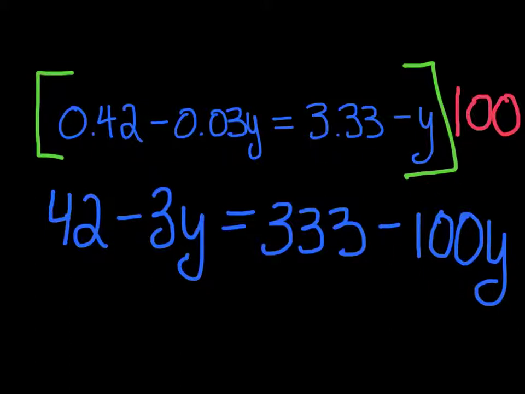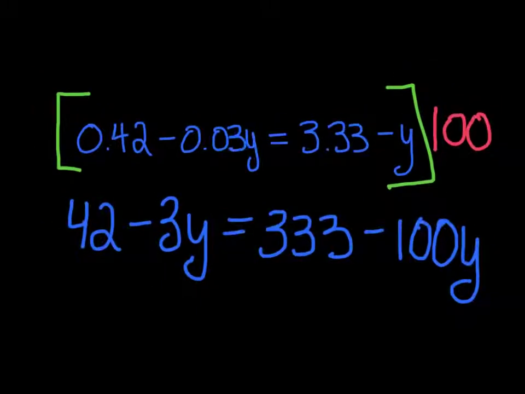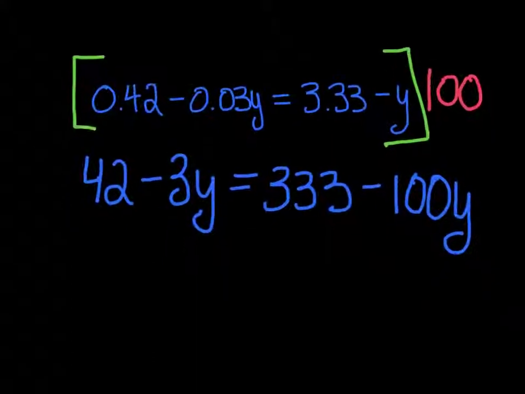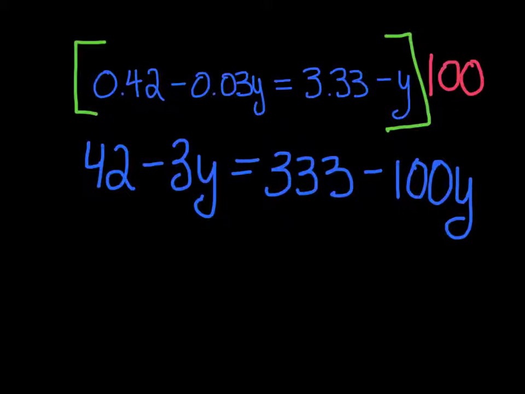At this point, I know that I need to collect my variable factors on one side of the equation. Now, this is where I think some students are running into some confusion. So before we decide how we are going to collect my y terms, I want to clarify something.